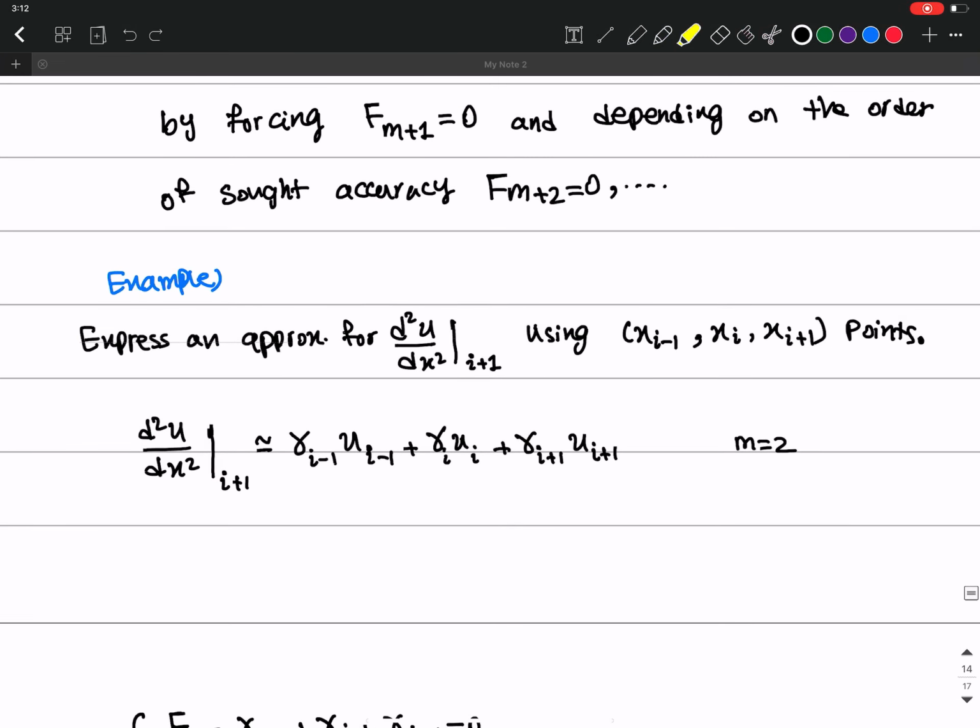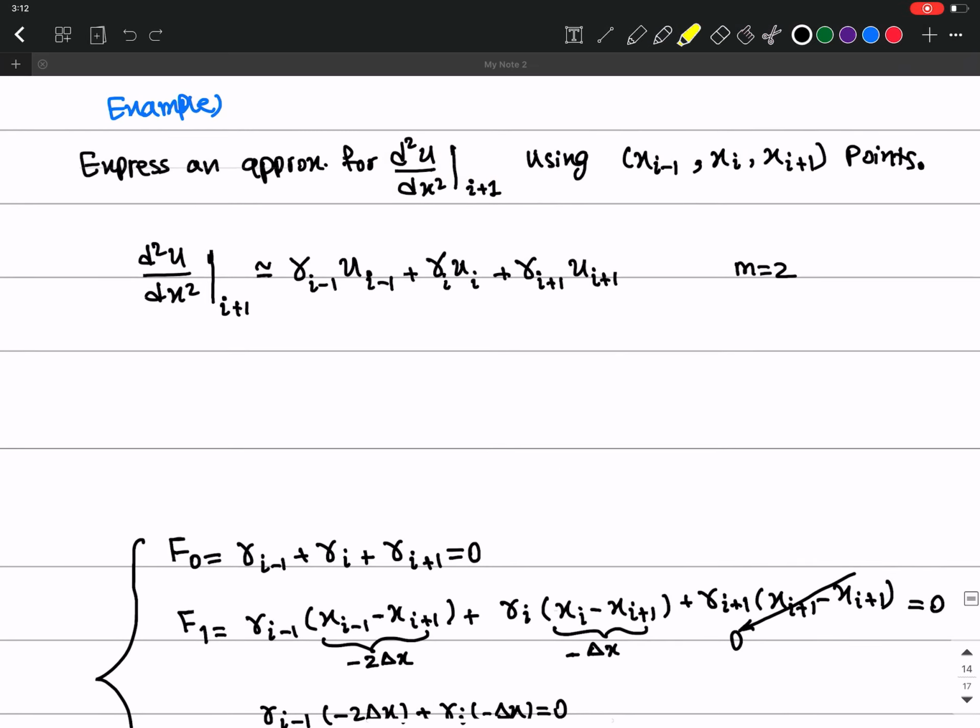We wanted to find an approximation for d squared u over dx squared at i, using these 3 points: x(i-1), x(i), and x(i+1). And so we wrote the general formulation for that based on the coefficients. And then the question was, what are these coefficients? Gamma i-1, gamma i, and gamma i+1.